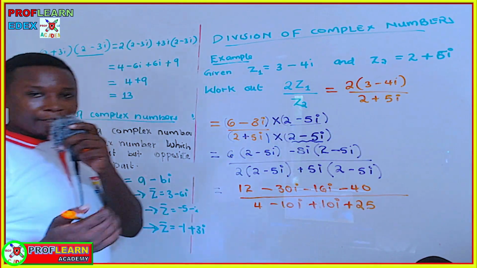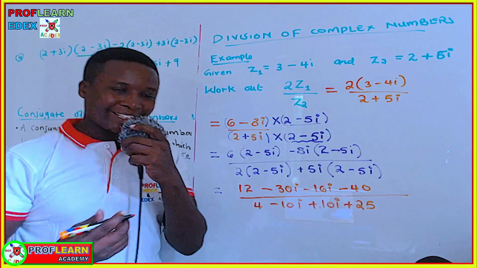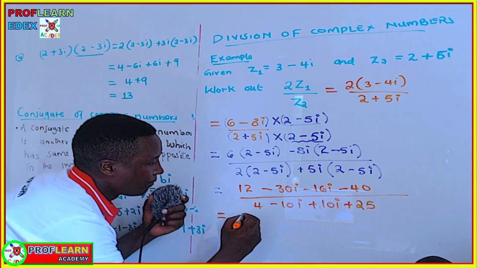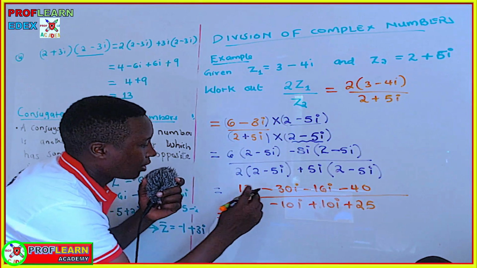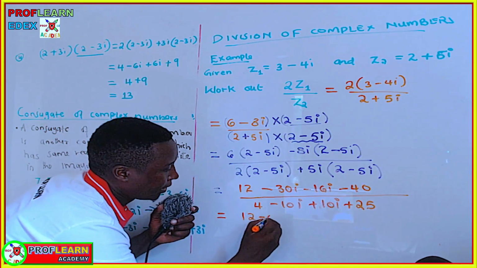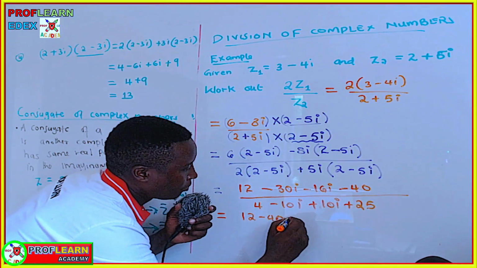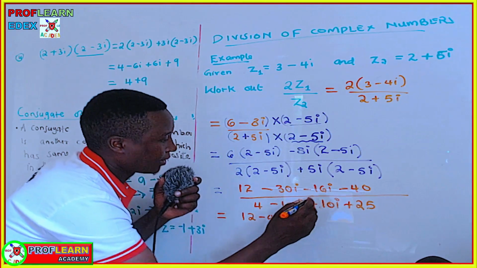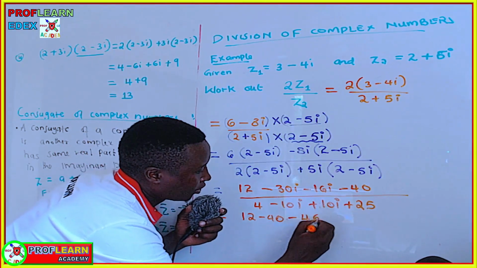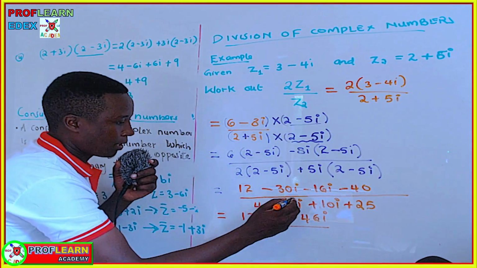So now I need to simplify and put the real and the imaginary part together so that we are able to get our final answer. This is going to be 12 minus 40, and this is going to be minus 30 minus 16, that translates to minus 46i over this part.